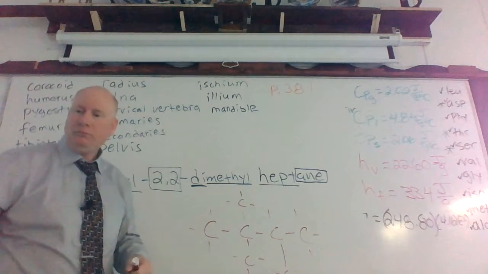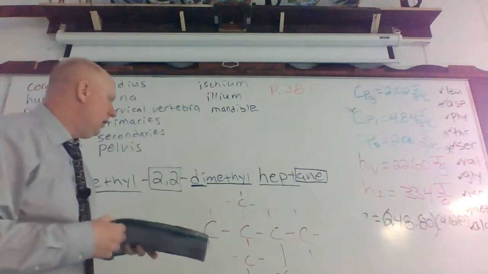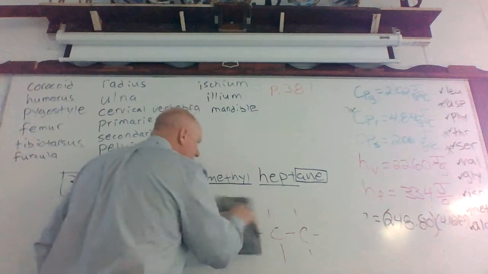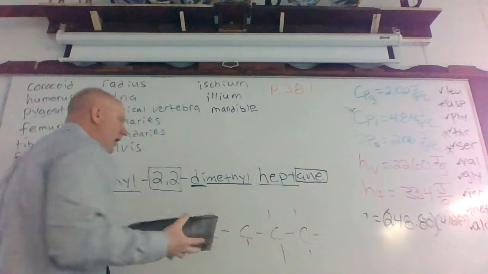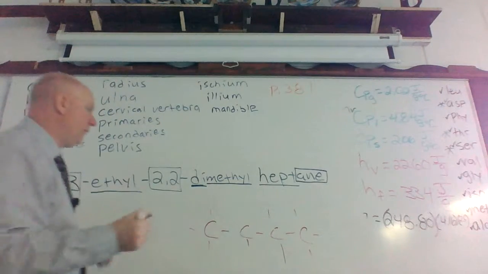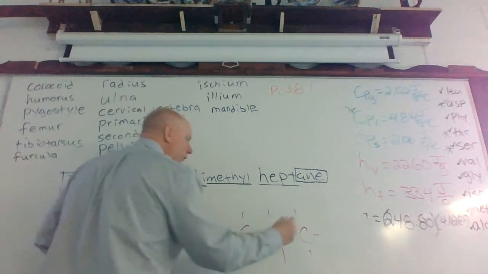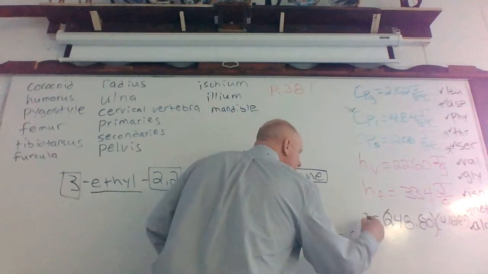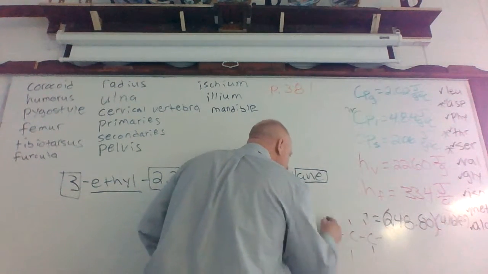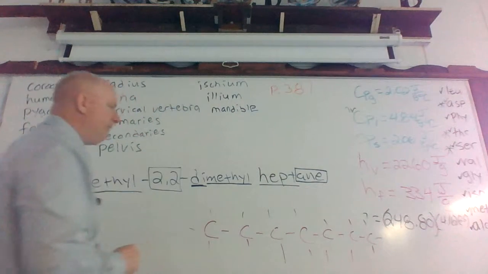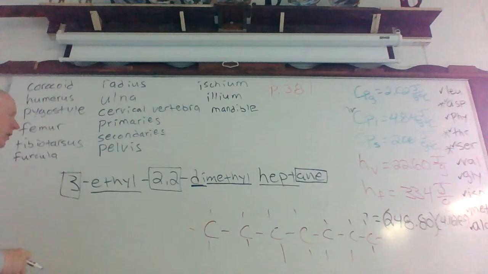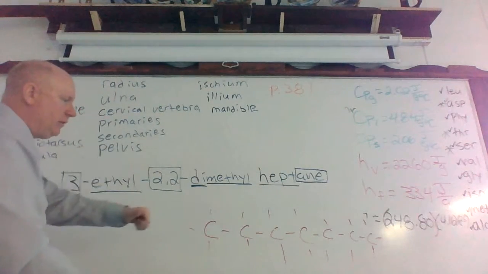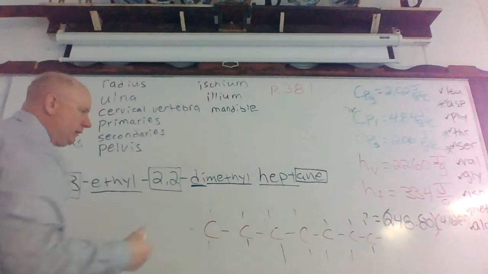So with that, let's just go ahead and start over with this and just say, okay, we want heptane. There's 4, 5, 6, 7. So there is heptane. Now, you tell me, do you want to work right to left or left to right?